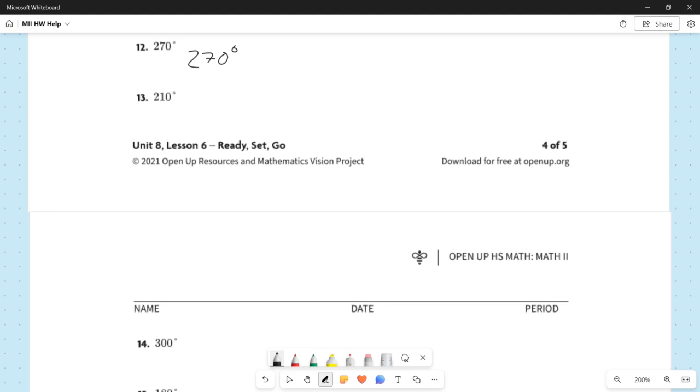In this problem, if a number has a degree symbol, then you can assume it's degrees. And if it does not have a degree symbol, you have to assume that you're talking about radians. So we're just rewriting the 270, and we really want to include the degree symbol.